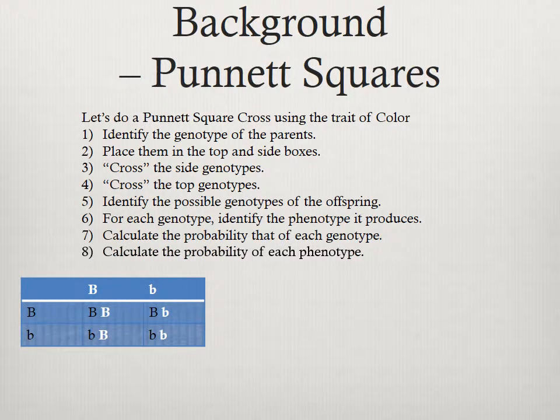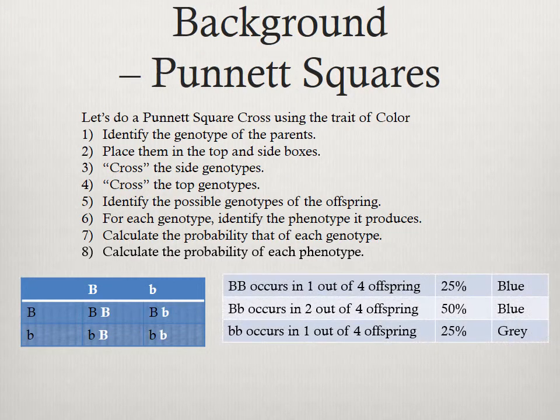Now I'm going to calculate the probability of the phenotype. Big B, big B, 1 out of 4, 25% chance it will be blue. Big B, little b occurs in 2 out of 4 boxes, 50% chance it will be blue. Little b, little b occurs in only 1 out of 4 boxes, 25% chance it will be gray.